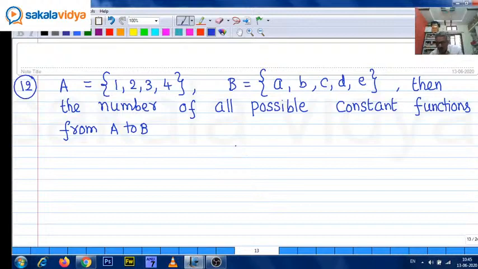Now you are able to do any problem on the number of different kinds of functions from A to B. First option 9, second option 4, third option is 5, fourth option is 16.